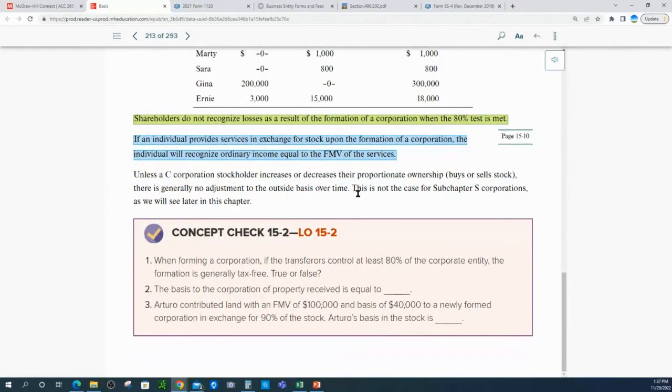The S corporation basis is like the partnership basis in that you've got to keep tracking it over time, and it's affected by many of the same items as for partnerships. C corporations, you buy the stock, your basis is however much you paid for it, and it doesn't change over time unless there is some difference in the amount of stock that you own, right?